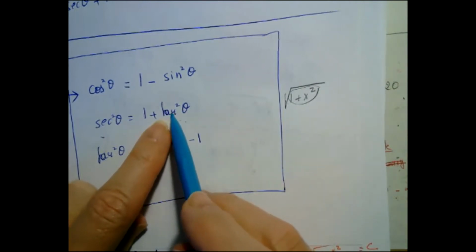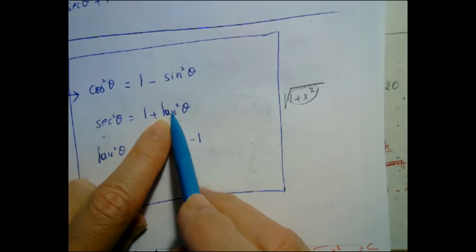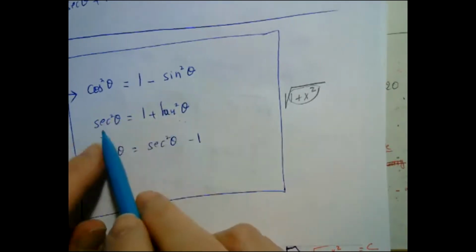That's the idea. We have a square root of 1 plus x squared. And I said, I want to make a substitution so that this term here, after the substitution, will be something squared, so I can get rid of the radical. So I said, okay, which one will give me that? If I put x to be tangent, I'll have 1 plus tangent squared, giving me secant squared. I can get rid of the radical.